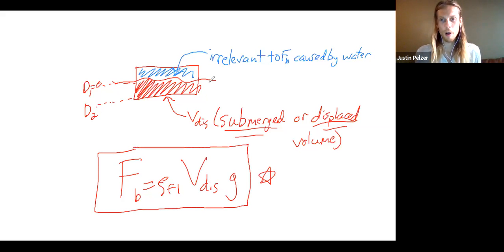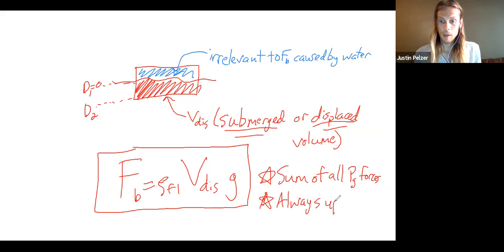So instead of drawing all the pressure forces individually and just saying, well, I have a trillion forces or infinite forces to add, you add them all up, you get a single force, and it's always up. And this is the formula for it.